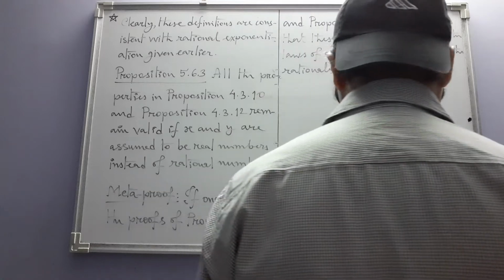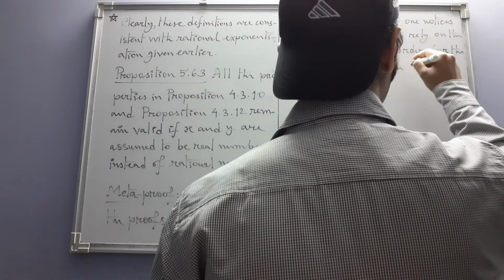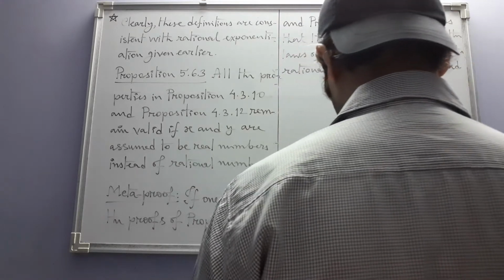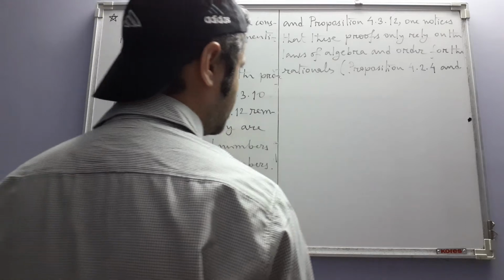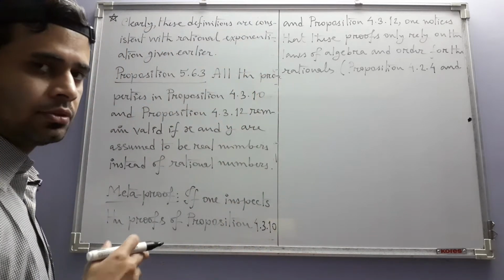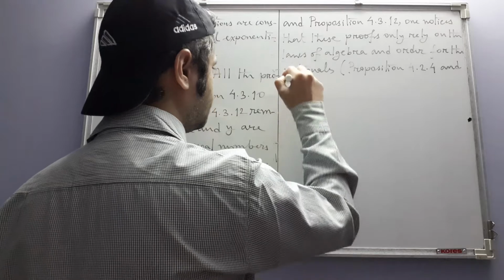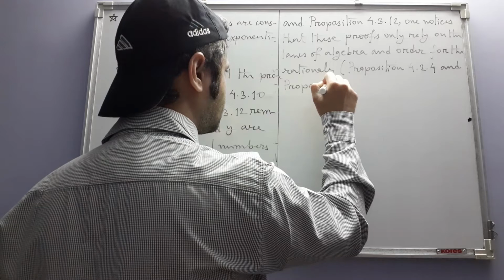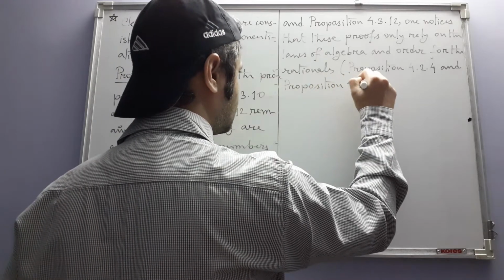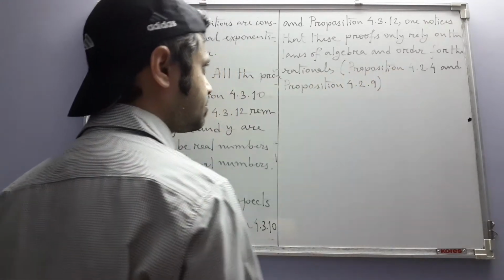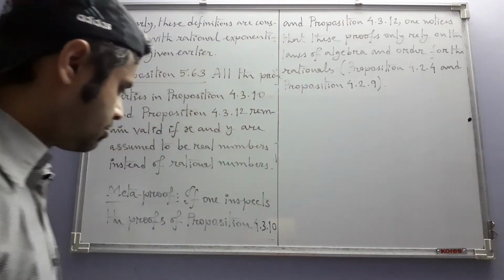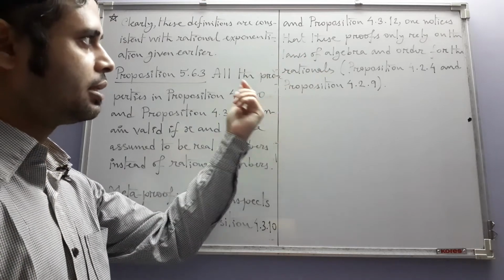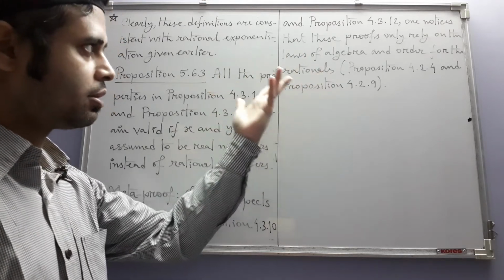Okay, so that thing, proposition 4.2.4, and proposition 4.2.9. 4.2.9 has the usual laws of order for rational numbers. Okay, so the proofs of these two propositions depended only on the laws of algebra and laws of order for the rational numbers.